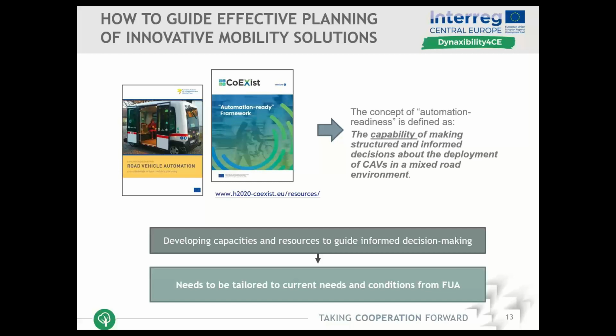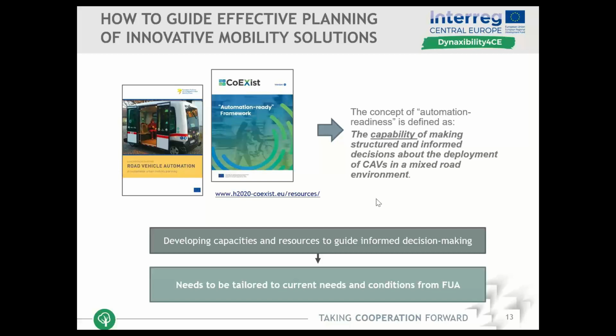And to do that, we first did an analysis of what the needs were, what were the main gaps in knowledge, and based on two main documents that we've been working on previously in the Coexist project, which I'm going to be talking about today as well. Those were the road vehicle automation in sustainable urban mobility planning practitioner briefing, and the automation ready framework, which presents a conceptual approach on how to address these efforts of planning for automation.